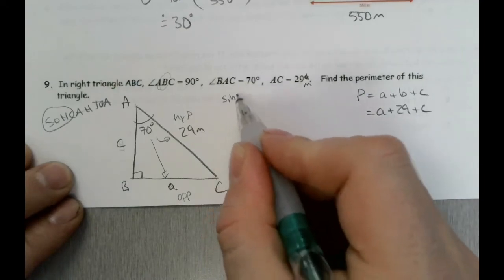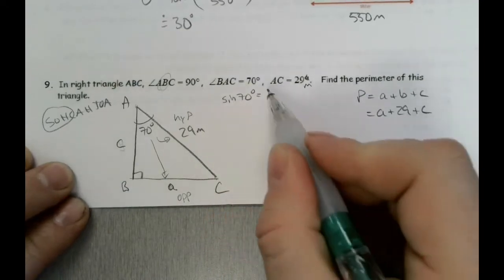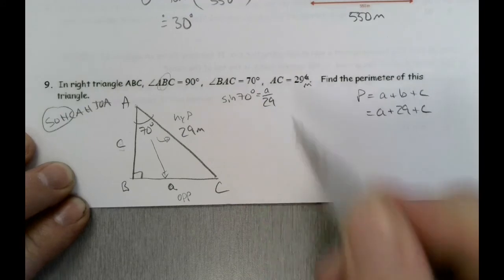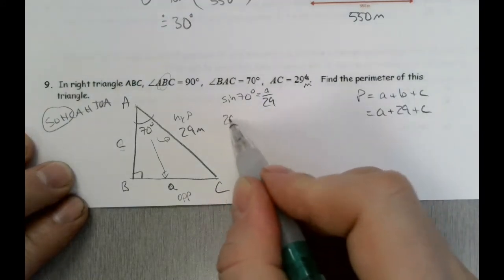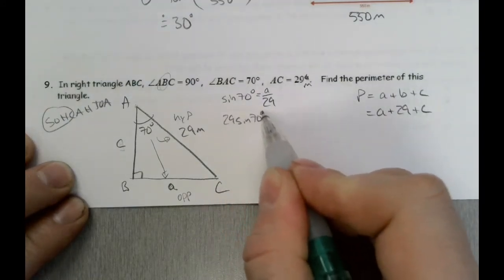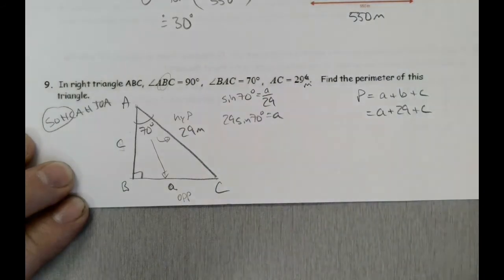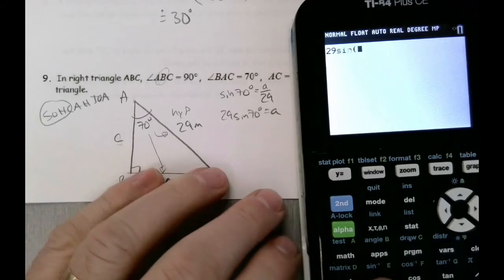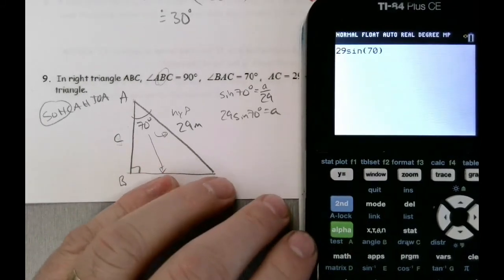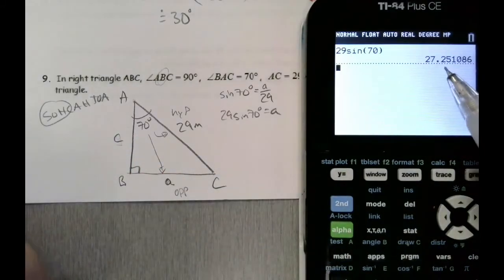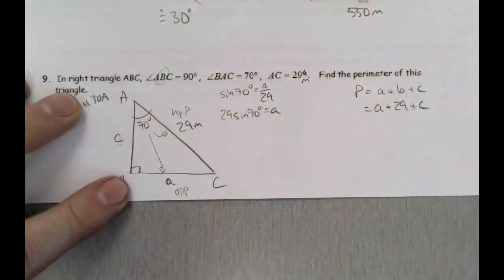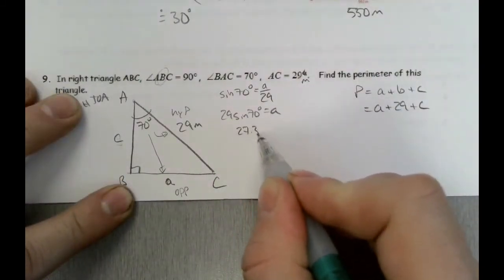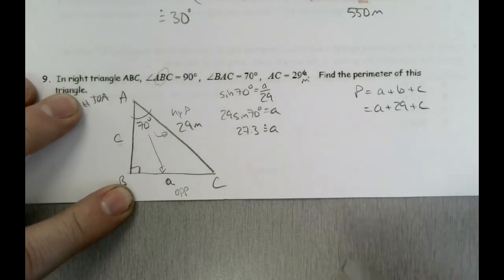So the sine of 70 degrees is going to equal A over 29. So 29 multiplied by the sine of 70 is going to equal A. So let's go through and do that. 29 sine of 70. Okay, and we're looking at 27.3. 27.3 is approximately equal to A.